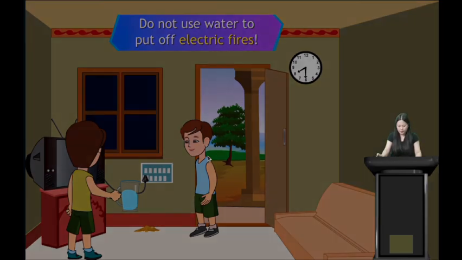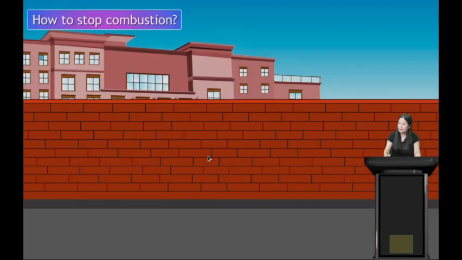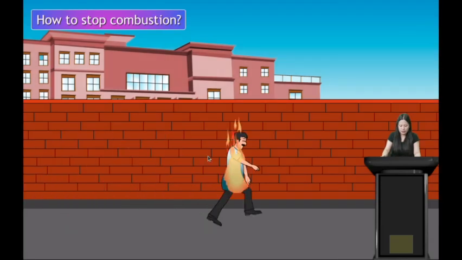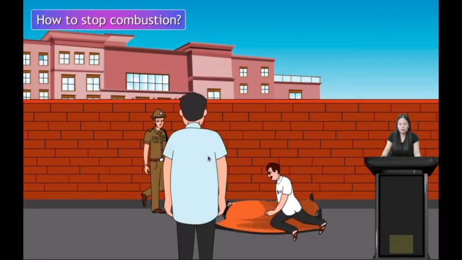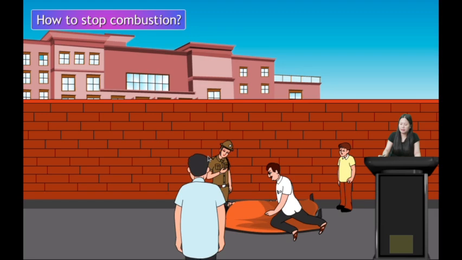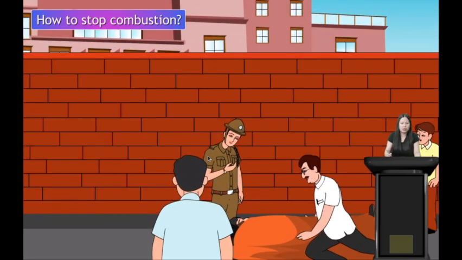All right, let us see another example. Here we see that a person is on fire and is running around. Then the people around him came with a blanket and wrapped the person on fire in the blanket to control the fire.